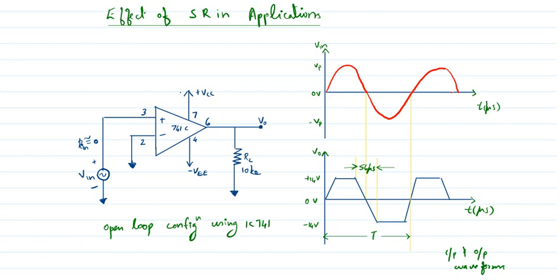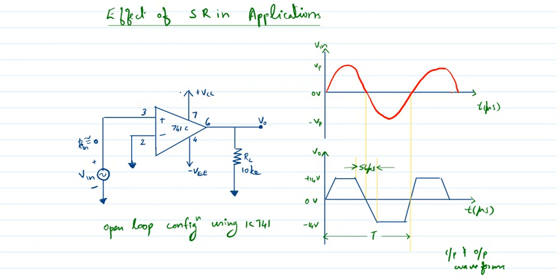So when you construct a circuit and increase the input signal frequency, the output will go to triangular shapes.